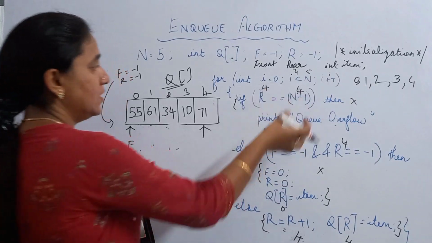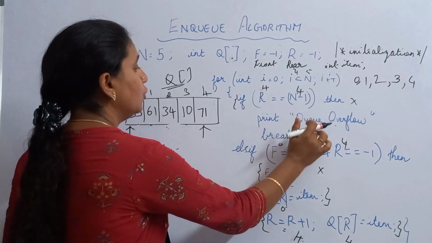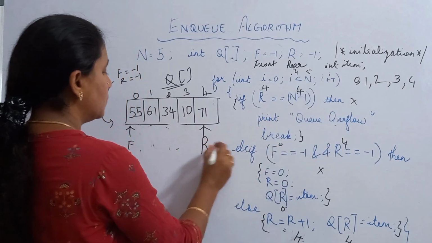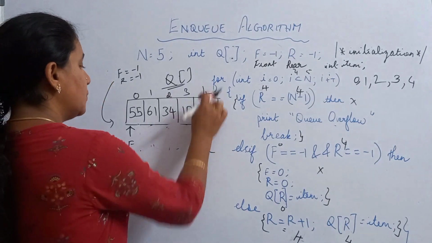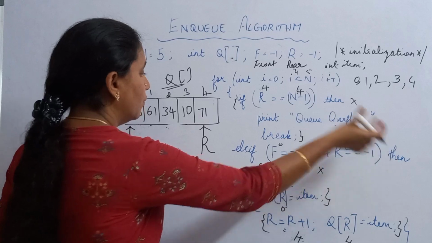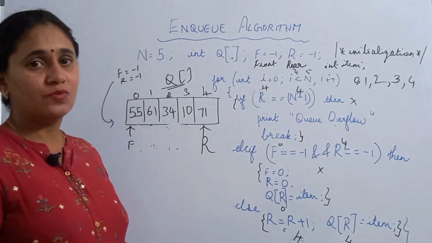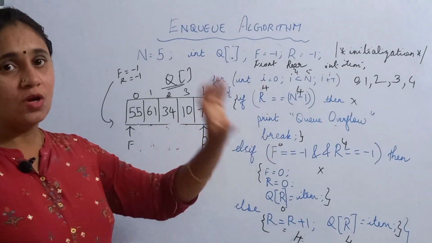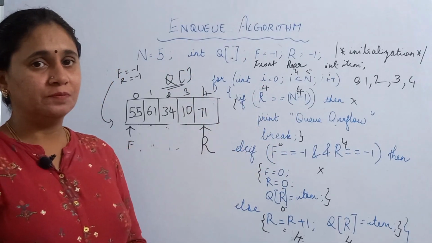Now these two conditions are true, isn't it? So it will print as q overflows because r is pointing to this location. Okay, so r is pointing to this location. So it will print as q is overflow and it will come out of the statement. So break is for that purpose only. So break is used for exiting from the entire loop operation.